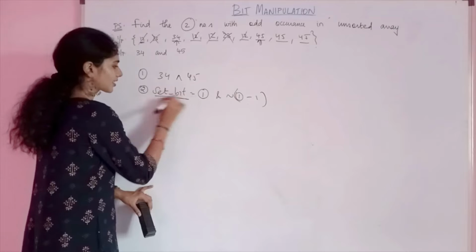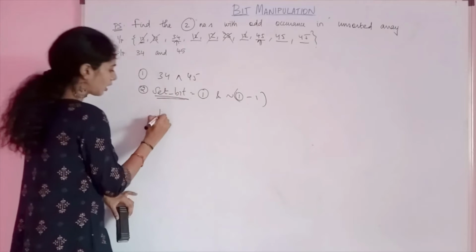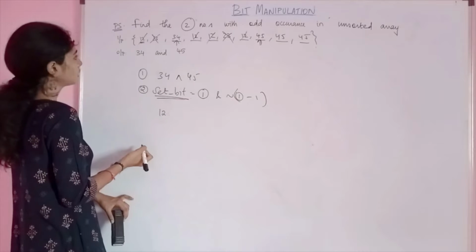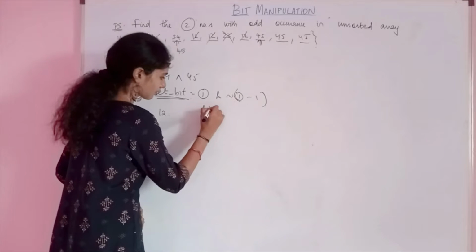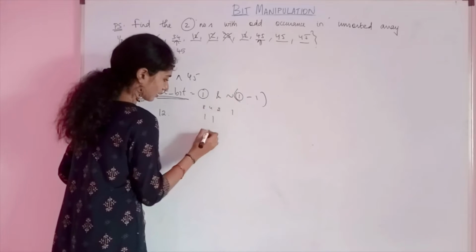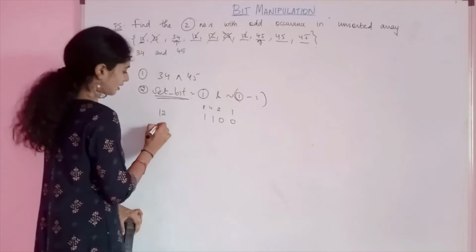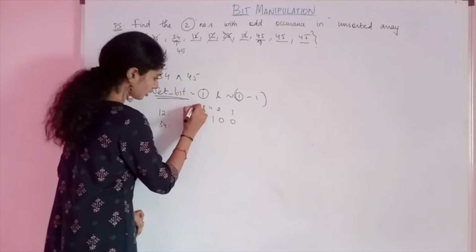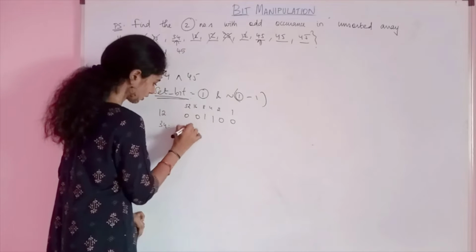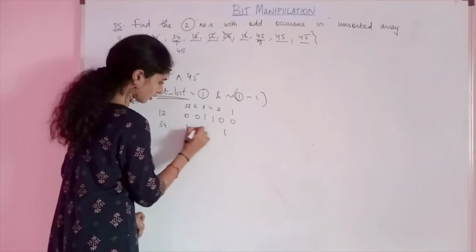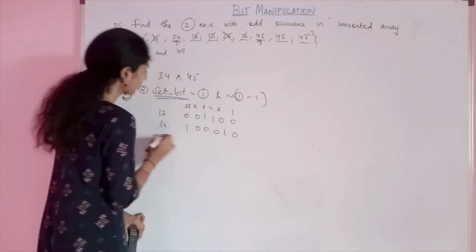So let's understand the set bit right now. How can I write 12? 12 can be written as 8, 4, 8 plus 4, which is 1 1 0 0. Then we have 34: 16, 32, so 32 plus 2 is 34.